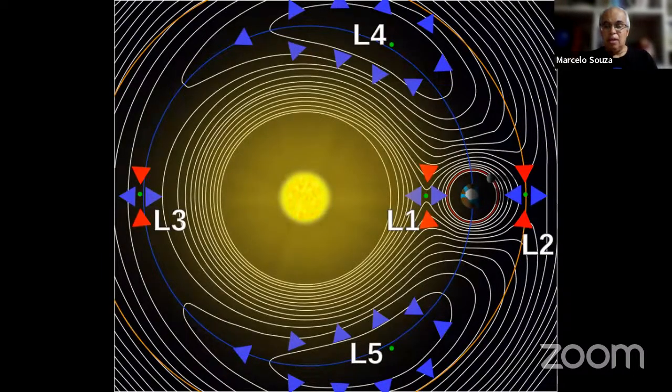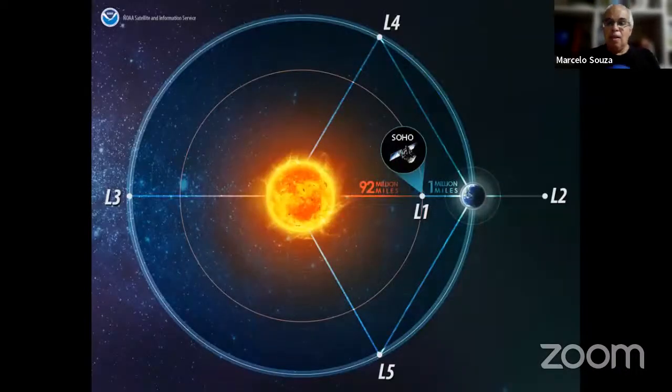Here is an image that shows how they have equilibrium between the gravitational forces. This is the gravitational potential. And we have other space telescopes in other Lagrange positions.